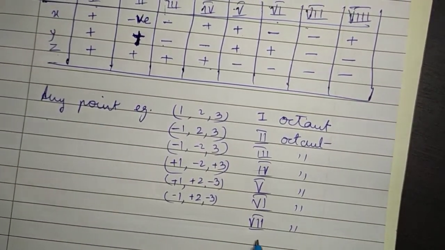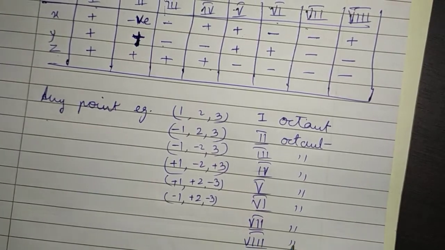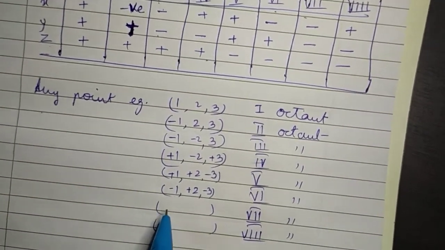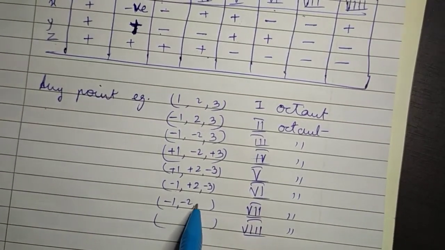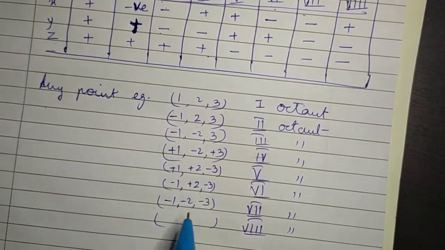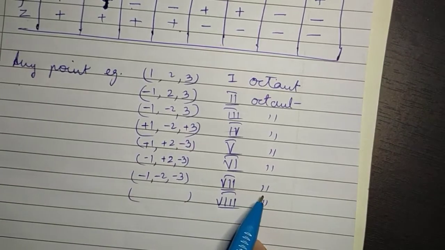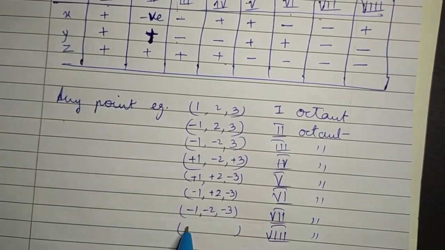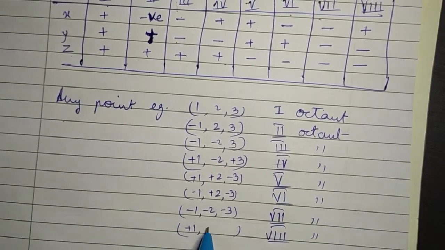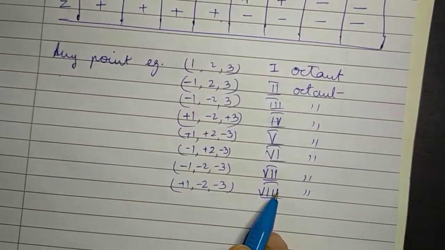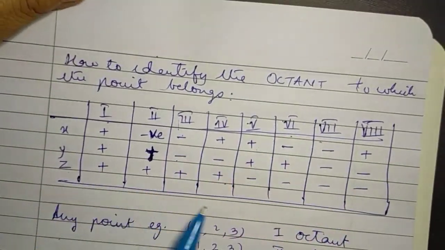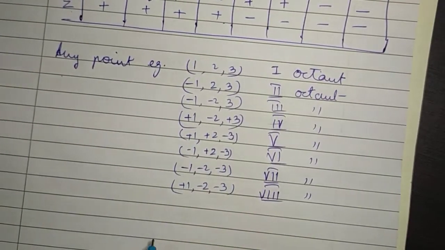And for the seventh one and the eighth one, now what do we have? Seventh one, we have both x and y negative, and z is also negative. All three negative will lie in the seventh octant, whereas x positive and y and z negative will lie in the eighth octant. So looking at this, this table will help us decide.